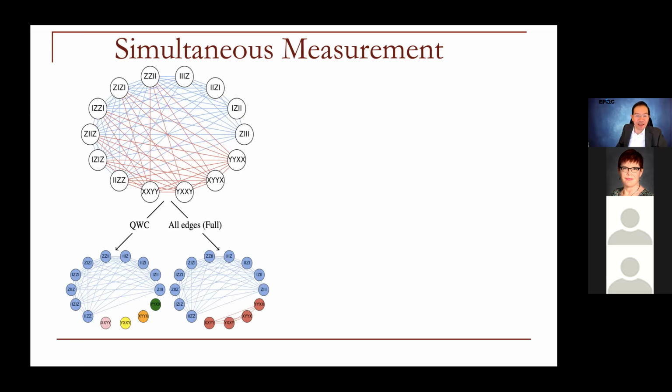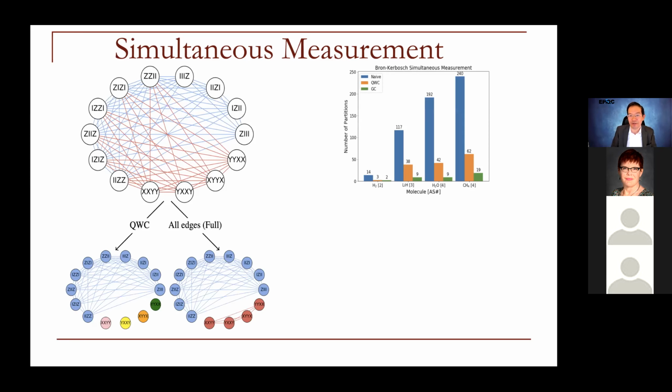And it turns out that if we developed a method, which we call general commutativity, it gives us, in this case, just 2 groups to measure. And we find that if we look at a number of different problems, which are represented by the input molecule that you're trying to estimate the ground state of here, you can see that the blue bar is how many terms you would have to measure without any of these techniques.